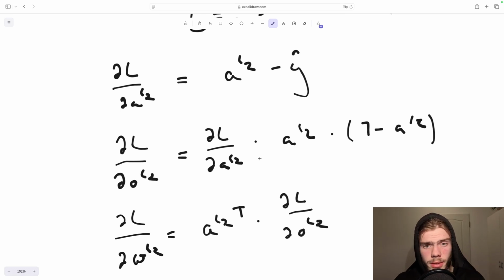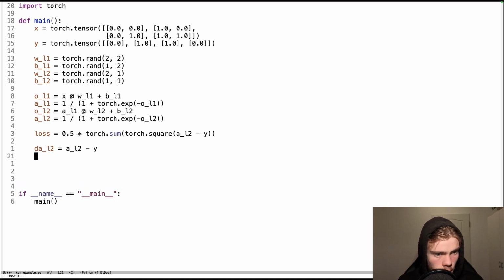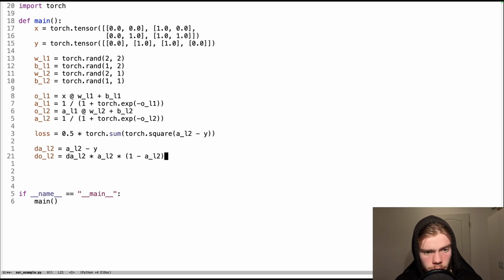Let's implement that. And we denote that by adding a d as a prefix. So dAL2 is equal to AL2 minus y. dOL2 is equal to dAL2 by the formula, times AL2 times 1 minus AL2.